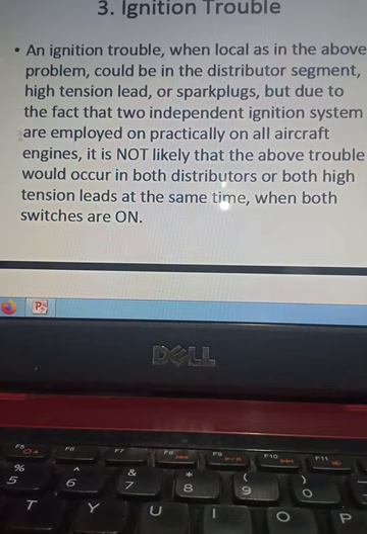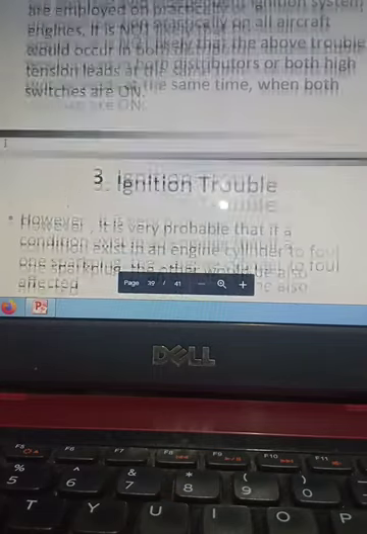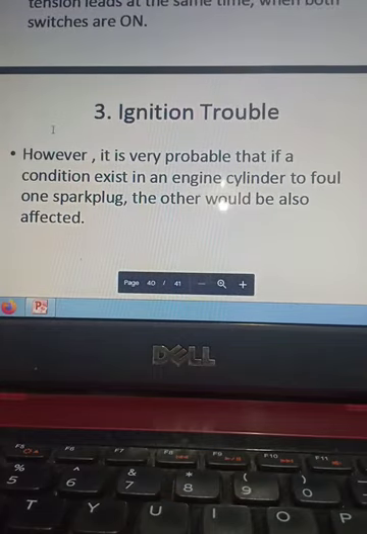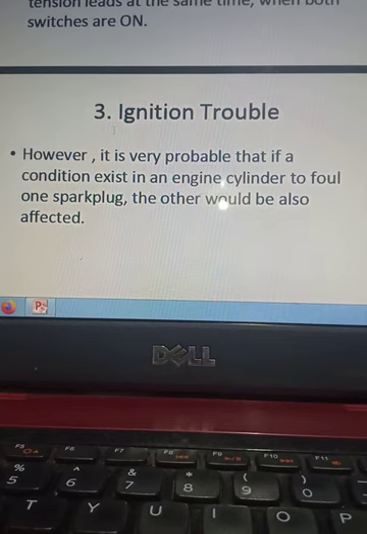However, it is very probable that if a condition exists in an engine cylinder to foul one spark plug, the other would also be affected. Okay? So if one spark plug fouls, the other will follow.